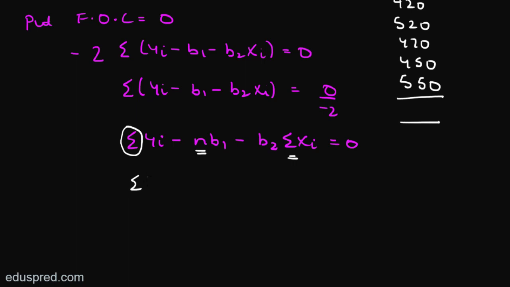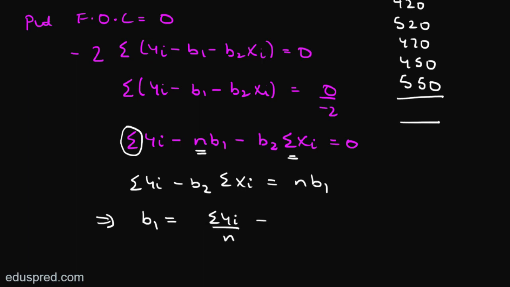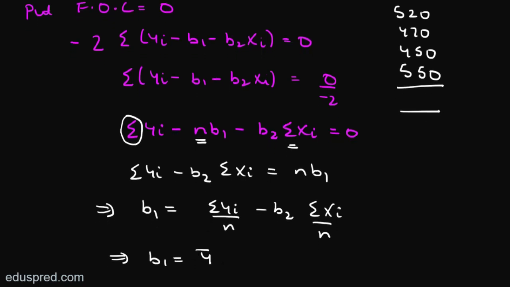So this implies that summation yi minus b2 summation xi is equal to n b1. And this implies that b1 is equal to summation yi divided by n minus b2 summation xi divided by n. So this implies that b1 is equal to y bar, which is the mean of actual y values, minus b2 multiplied by x bar, which is the mean of x values.